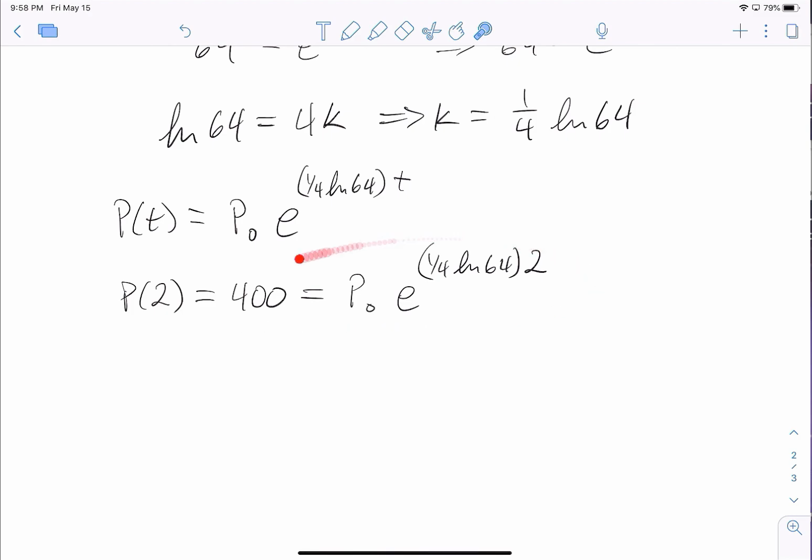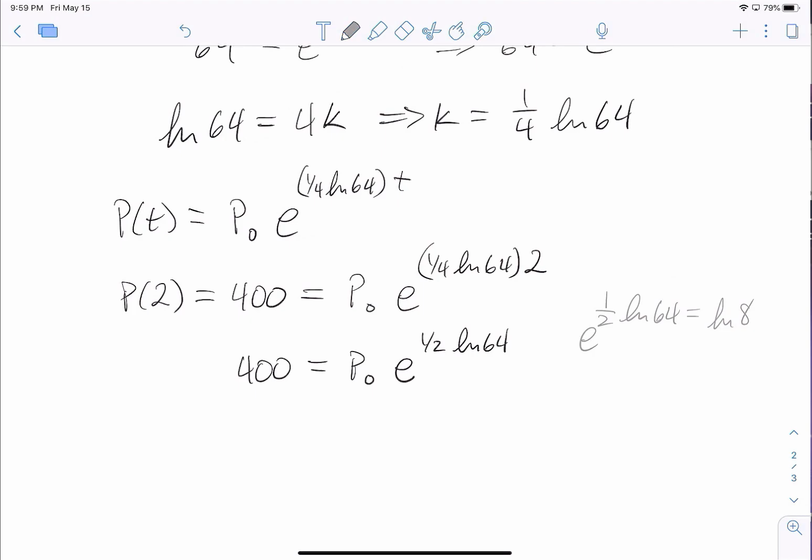We can now use this equation to find out what p sub 0 is. So 400 is equal to p sub 0 e to the 1/2 natural log of 64, multiplying 2 by 1/4. Now, that 1/2 as an exponent on 64, that's 8, because that 1/2 as an exponent on 64 means square root.